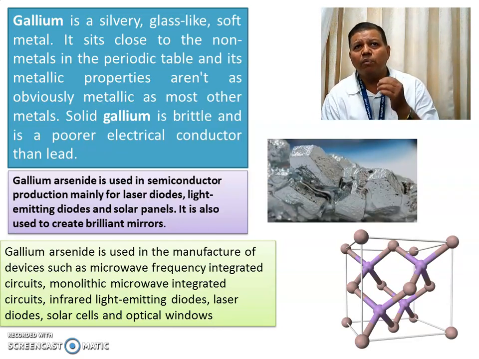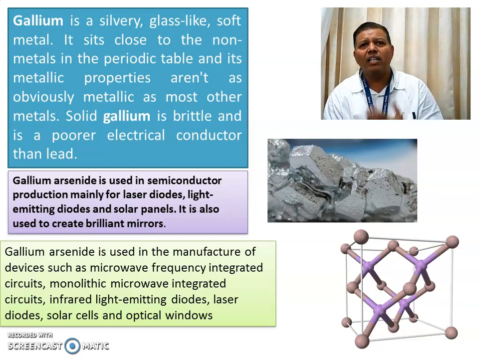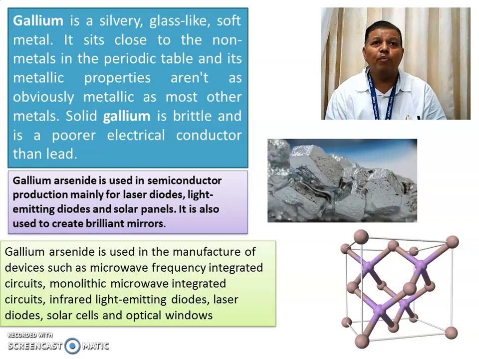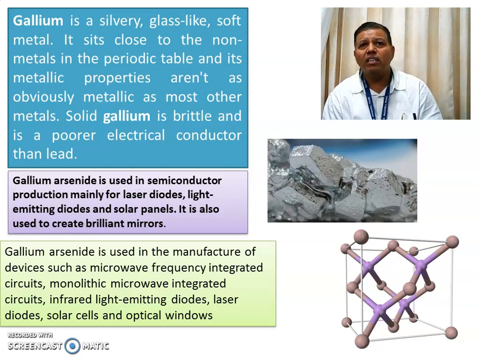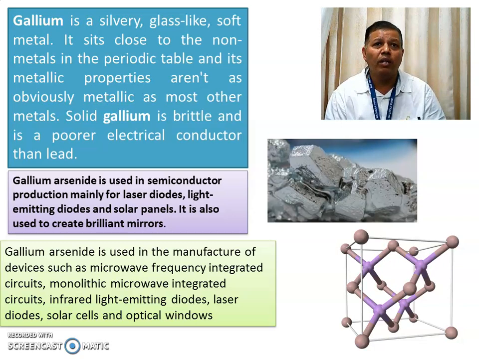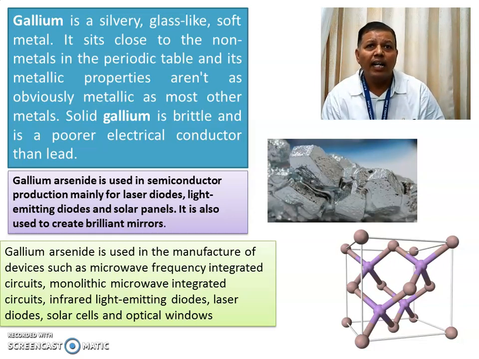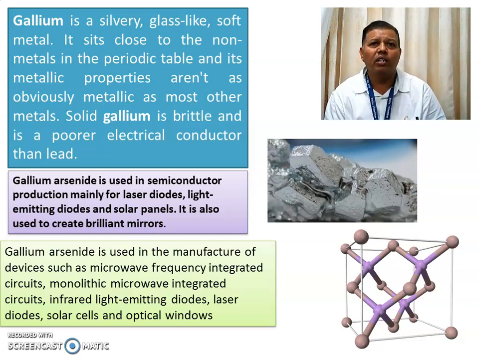Gallium is a silvery material that can be used in such semiconductors and transistors. Gallium arsenide is used in semiconductors, produced mainly for laser diodes, light emitting diodes, which we are using nowadays and are very familiar with, and in solar panels. It is also used in reflective mirrors.